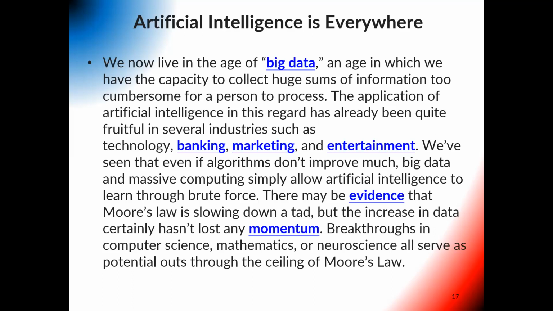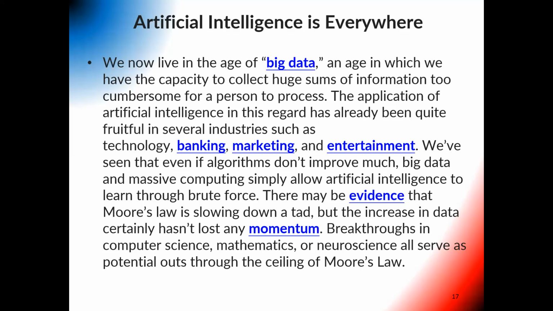So artificial intelligence is actually everywhere. We now live in the age of big data, an age in which we have the capacity to collect huge sums of information, too cumbersome for a person to process. The application of artificial intelligence in this regard has already been quite fruitful in several industries such as technology, banking, marketing, entertainment. All right. All these sectors are using big data and using AI to make informed decisions.